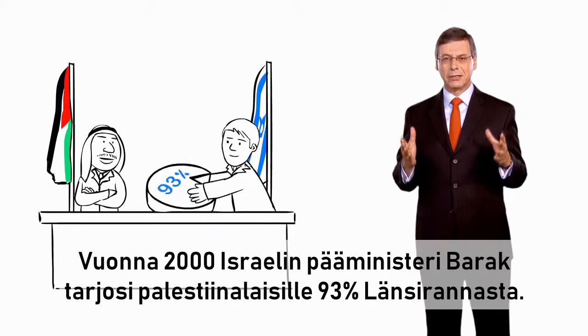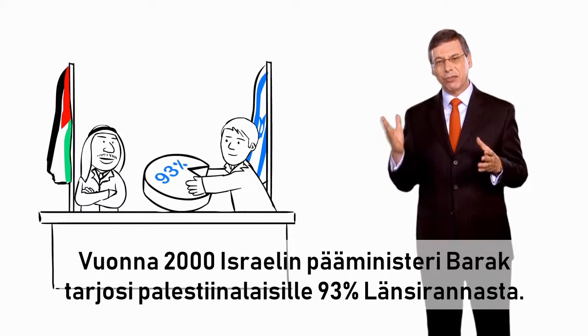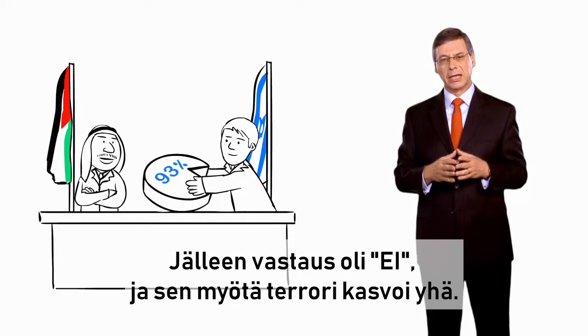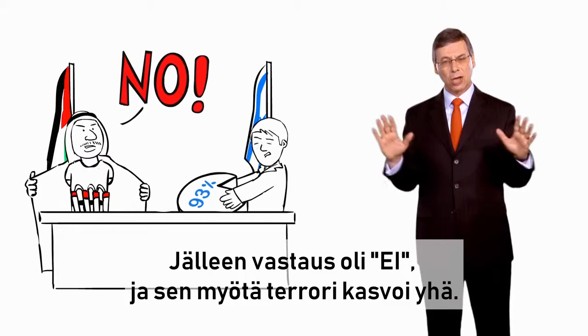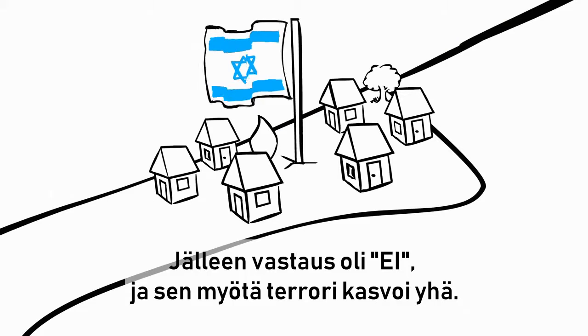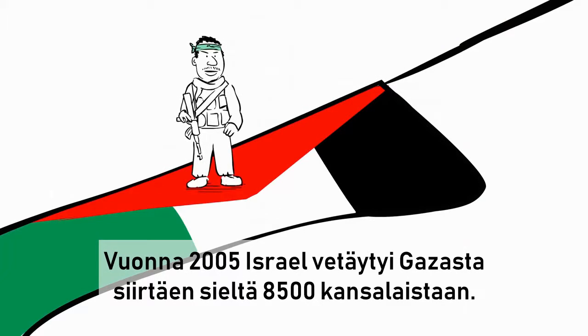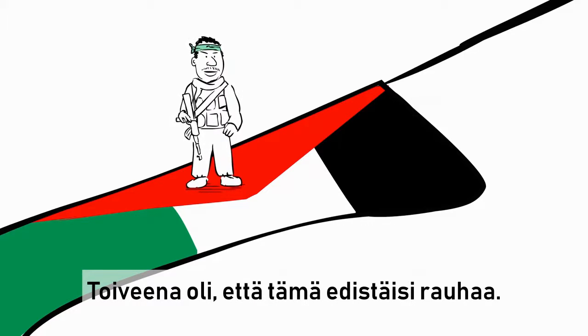In 2000, Israel's Prime Minister Barak offers the Palestinians 93% of the West Bank. Again, the answer is no, together with increased terror. In 2005, Israel withdraws from the Gaza Strip, uprooting 8,500 Israeli citizens, hoping to advance peace.